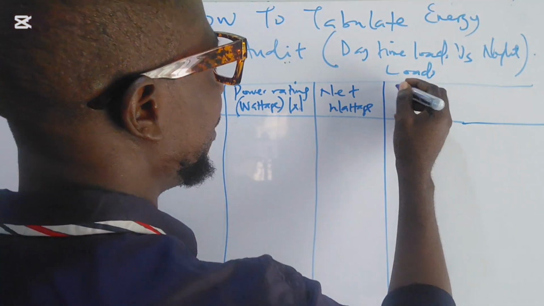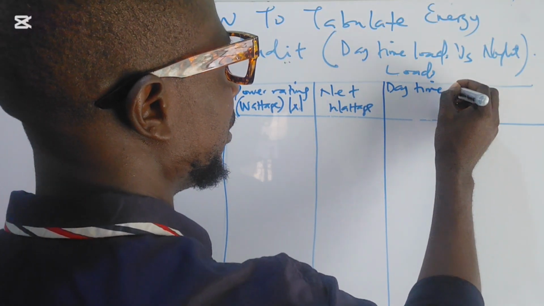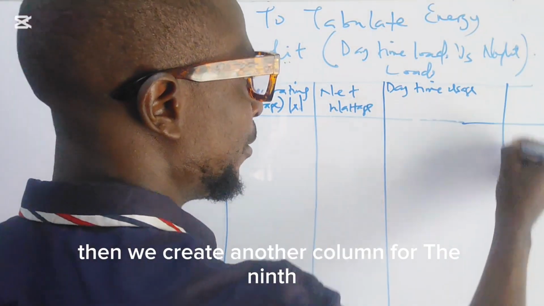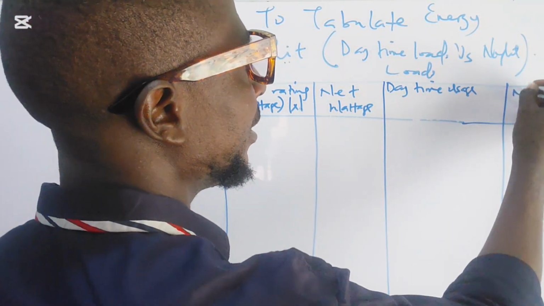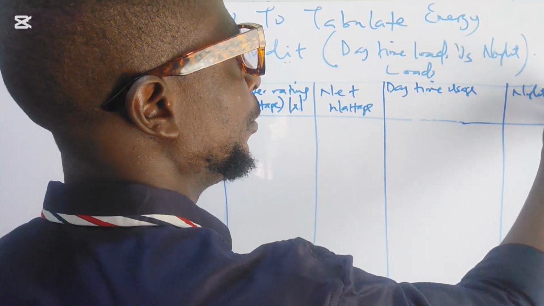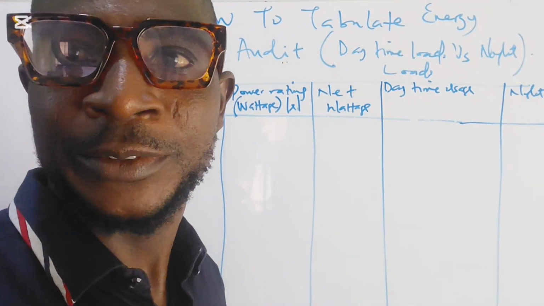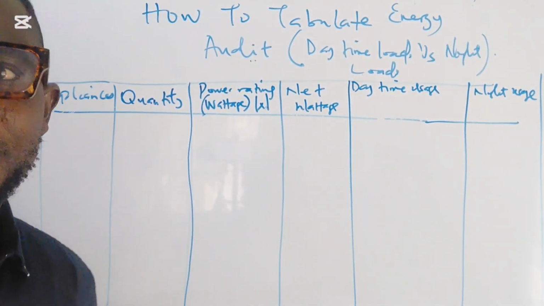Then we have the daytime usage. Then we create another column for the night usage.